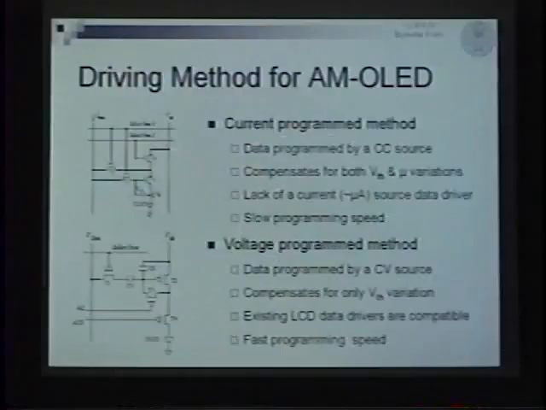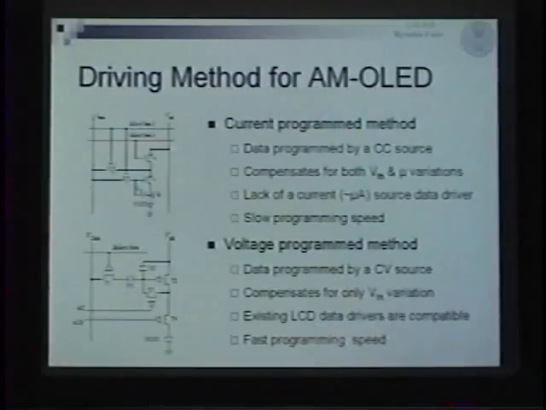But the current program has a disadvantage: the lack of a current source data driver and slow programming speed. On the other hand, for the voltage program method, the existing LCD data drivers are compatible and we get fast programming speed.